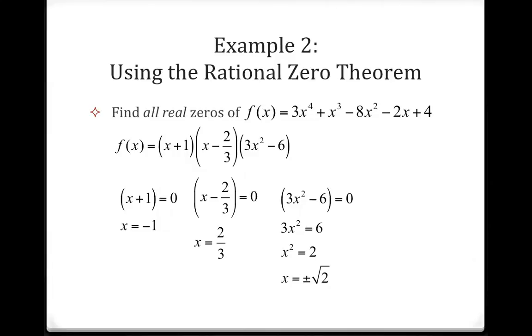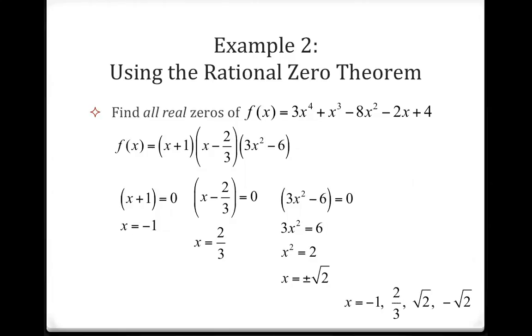So you see here when I set x plus 1 equal to 0, I get x equal to negative 1. When I set x minus 2/3 equal to 0, I get x equal to 2/3. When I set 3x squared minus 6 equal to 0, I can add the 6, divide by 3, and then take the square root of both sides. Just remember, when you take that square root, you need plus or minus square root of 2 so that you get your 4 answers in total.